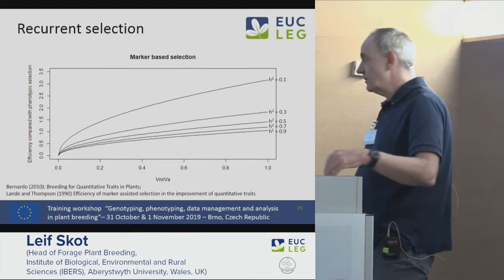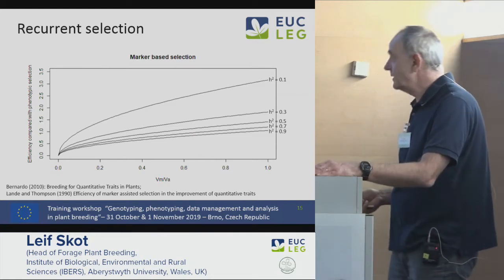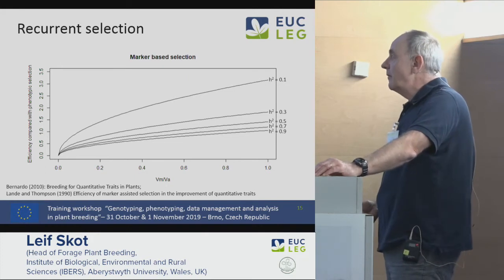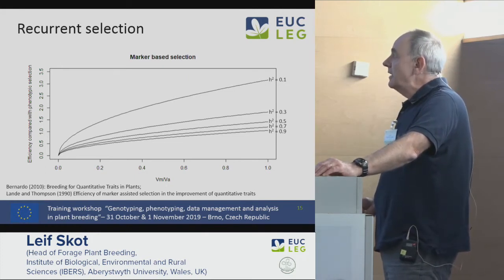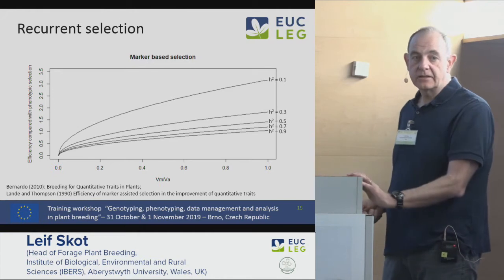So with lower heritability, and the more that the marker explains, that's obvious, the more efficient marker-assisted selection is going to be.